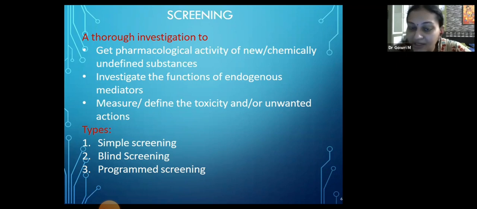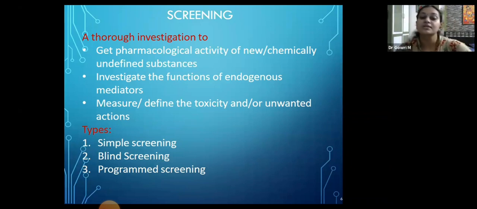So this is one area where we have to investigate various formulations as well as single drugs. We know that a particular drug is good for Shotha, or that a particular drug is good for Prameha. So what will we do? We have to take that particular drug and understand its pharmacological activity.